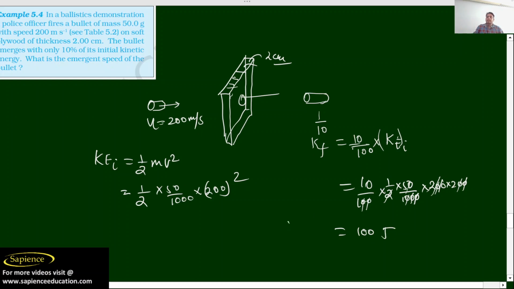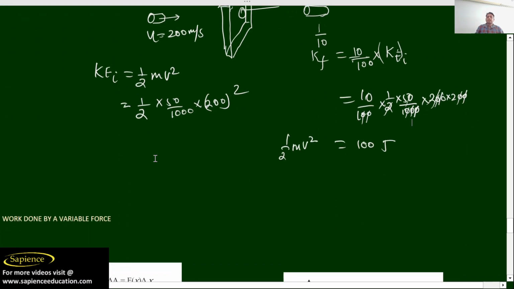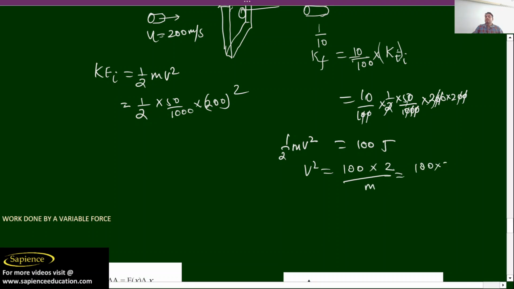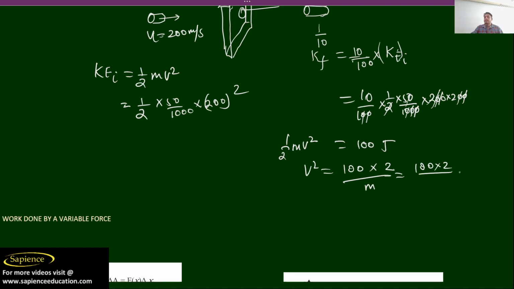Now the final kinetic energy is equal to 1 by 2 m v square. So how do I get the answer? v square is equal to 100 into 2 divided by the mass. As we know, the mass of the bullet is 50 by 1000 kg.